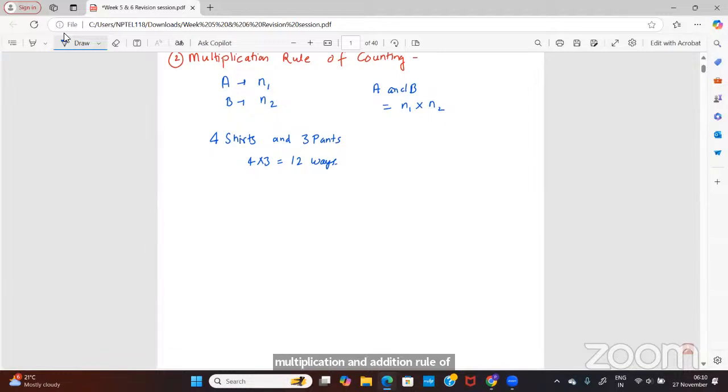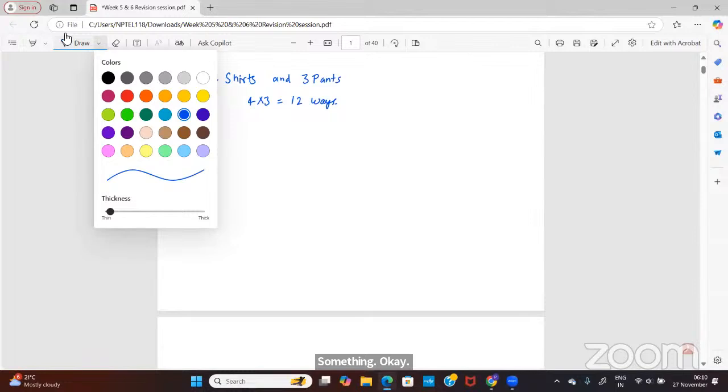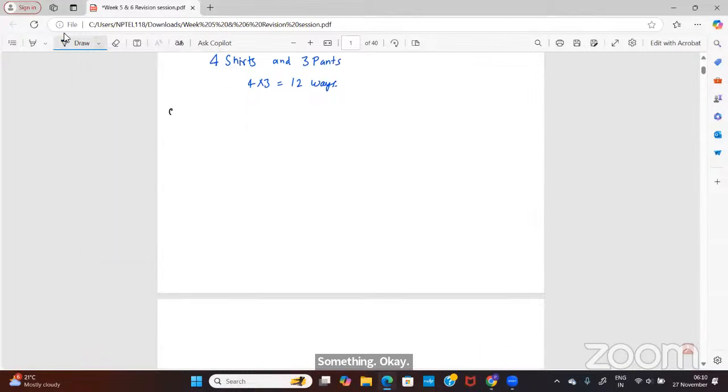Okay, now let's take an example. So suppose you have to make a 6-digit alphanumeric password.